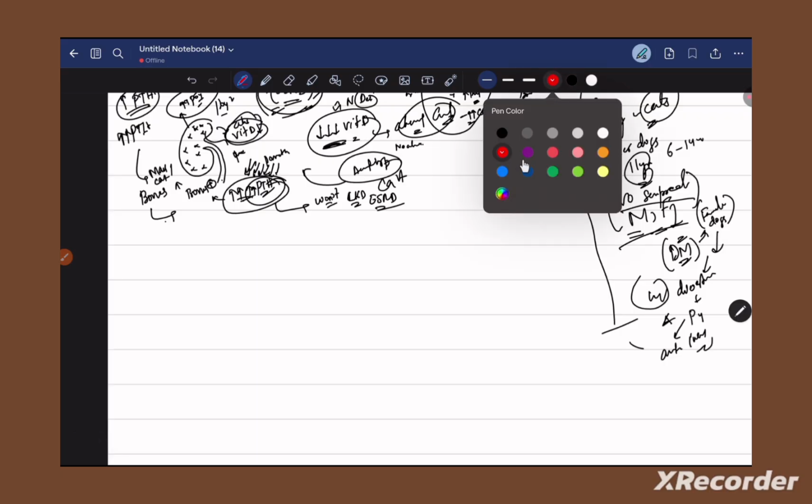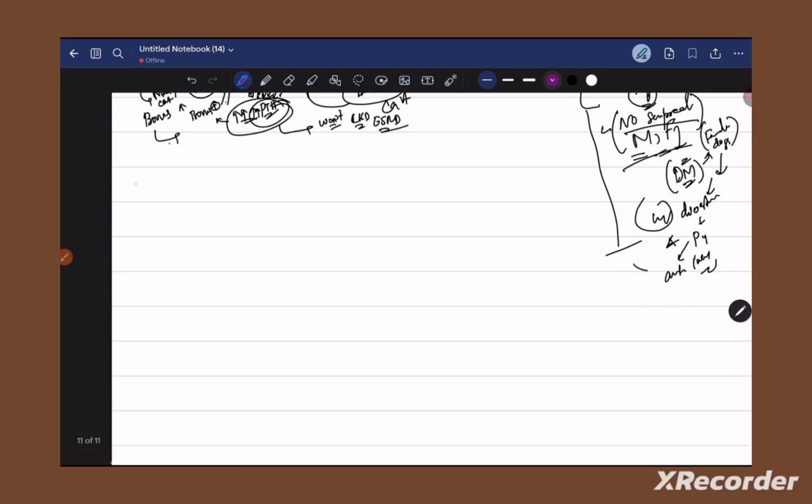Now, our second concept in hyperparathyroidism would be complications.